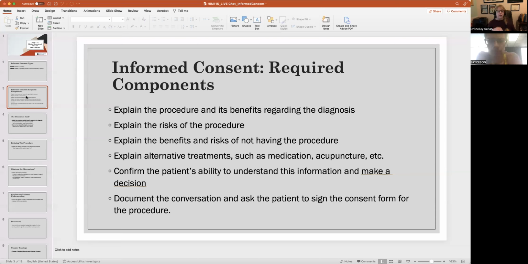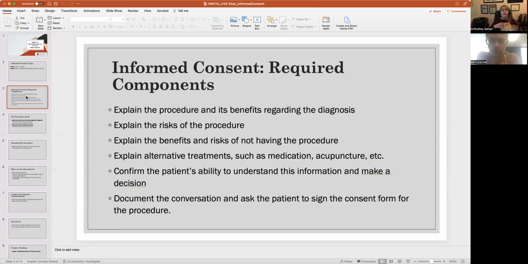Now, and again, we'll talk about this in depth a little longer, but when you're discussing something and I'm providing you with information for you to make a decision, yes, I want this, no, I don't want this, at some point, I have to say, do you understand? Do you have any questions? Are you okay with this? We're having a discussion.